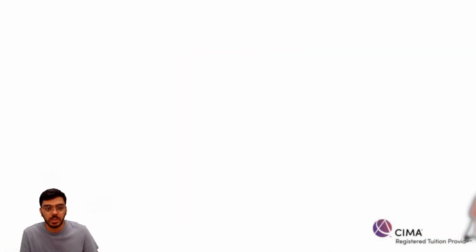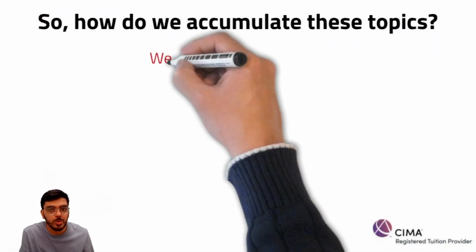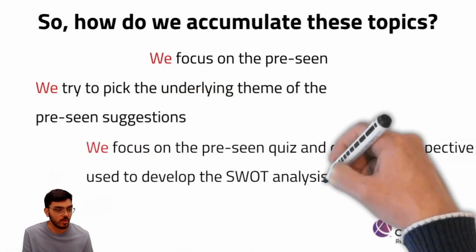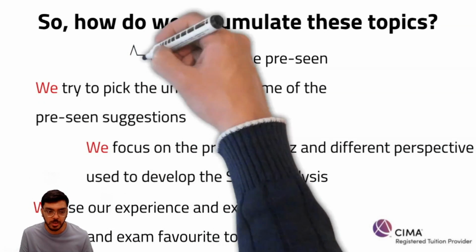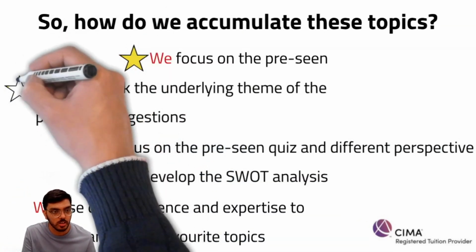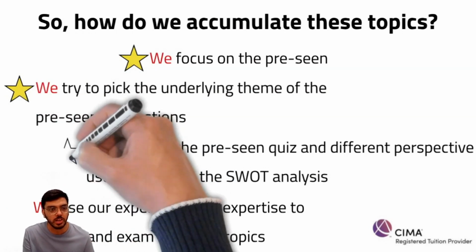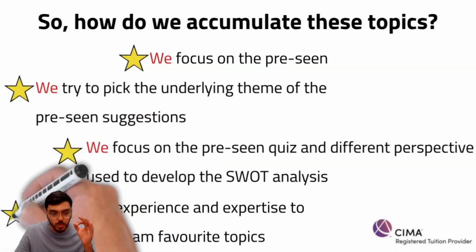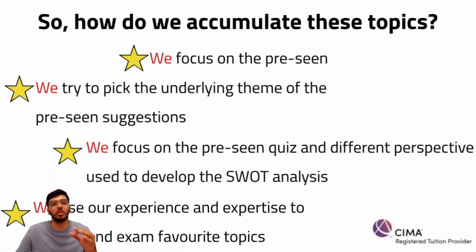So you might be wondering, what are these topics and how do we accumulate them? First and foremost, we focus on the pre-seen. Students studying with us, or if you just visit our YouTube channel, you would see that the pre-seen analysis that we do is very, very detailed. We go into the depth, we try to pick the underlying theme that the pre-seen suggests.